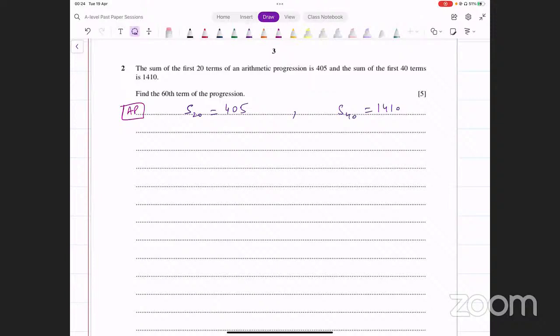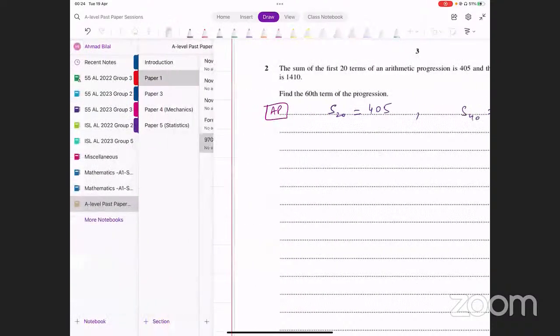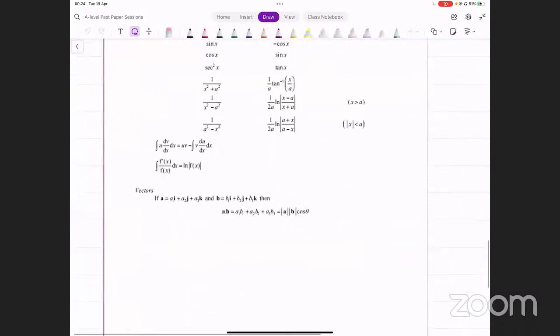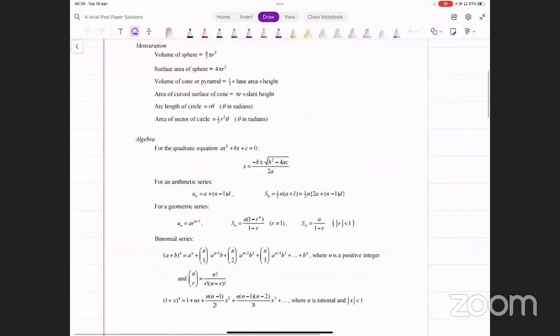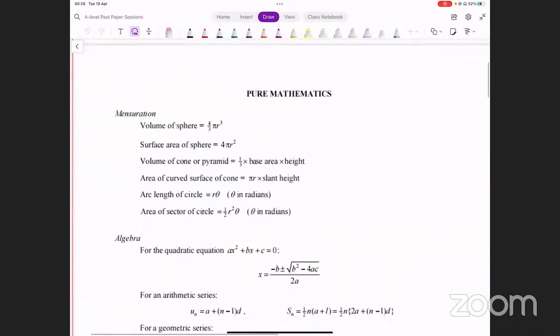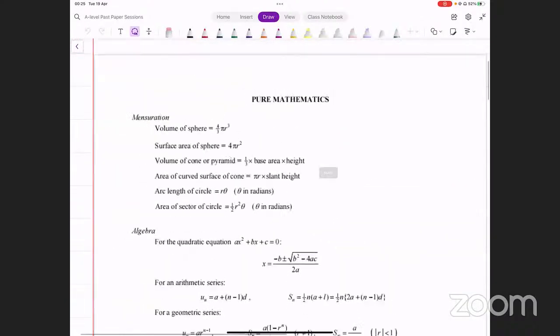Now, what's the first sum formula for an AP? Now, be very careful here. You're using the right formulas. इसमें बहुत सारे लोग mix कर देते हैं. Where are the formulas? Yeah. So these are the formulas. AP के formulas हमारे पास ये होते हैं.